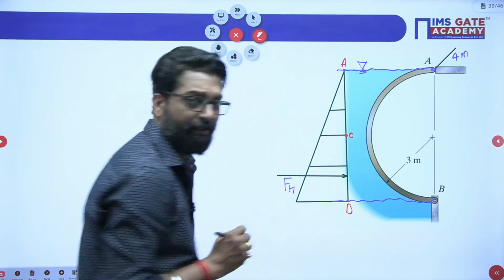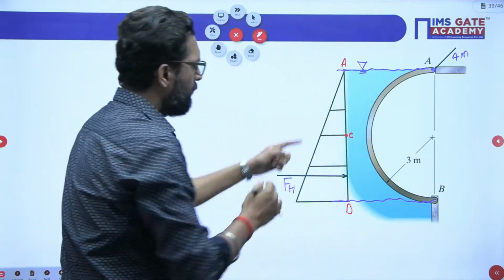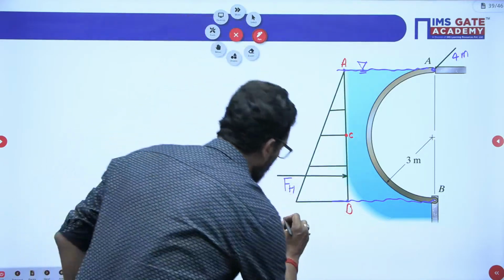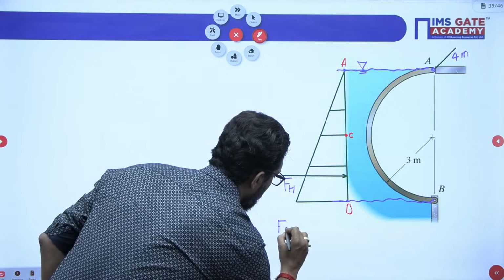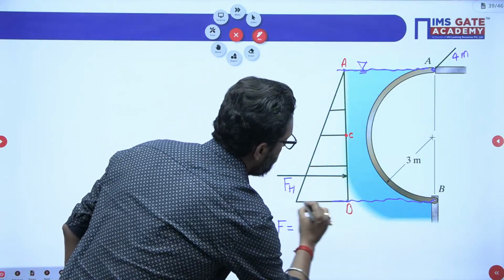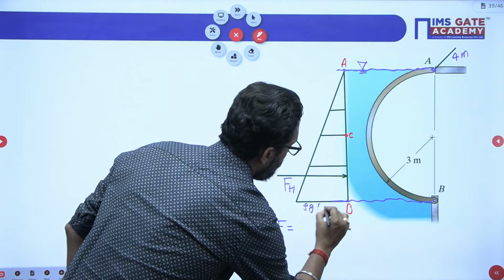How to find this FH? There are two methods. The simple method is to find the volume of this pressure triangle. F is the area of this triangle times the width. What is the pressure here? Rho G into 6 meter.